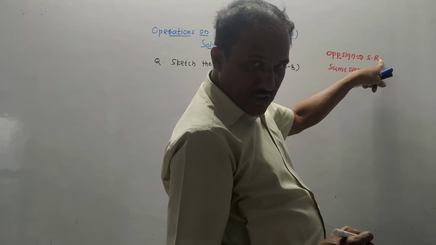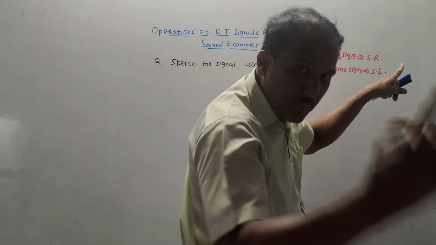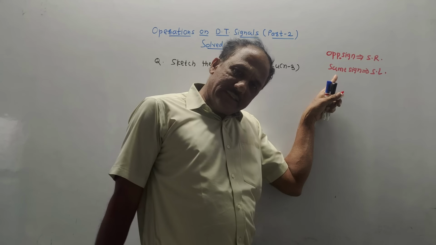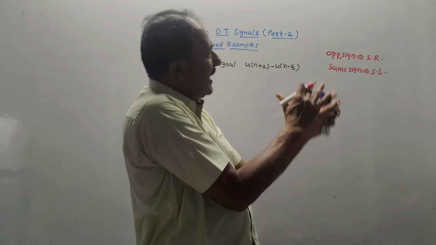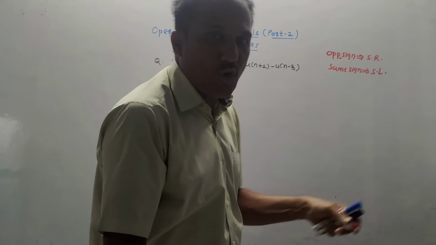This shift right operation is also known as a delay operation. If the same sign is there inside the bracket, perform the shift left operation, shifting the diagram towards the left, and it is also known as an advance operation.